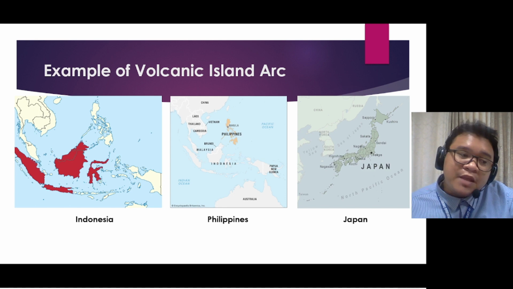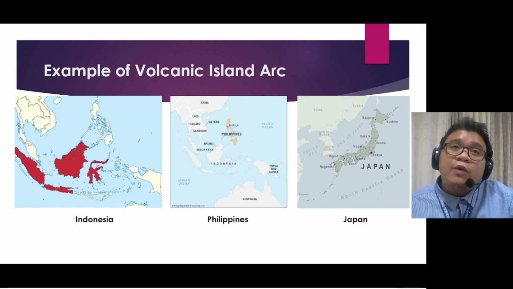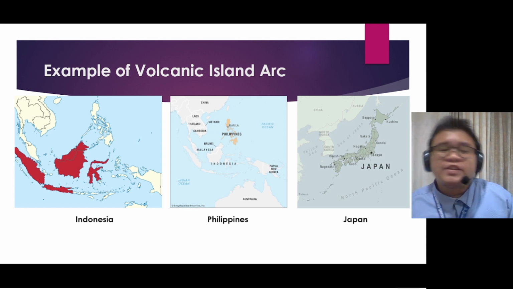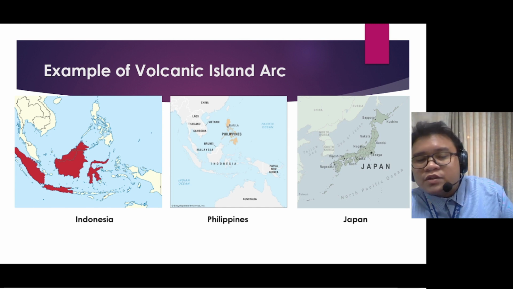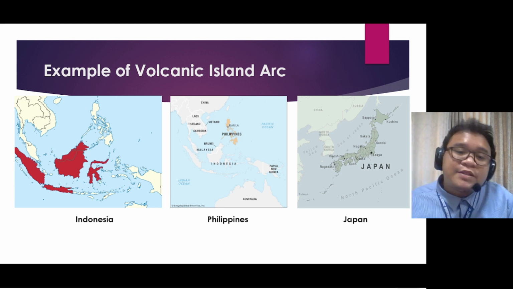Now, for the Philippines, we know that we have our own Philippine plate. The Philippine plate subducts underneath the Eurasian plate because the Eurasian plate is a continental crust. And then we also have Indonesia, which is of course home of the Indo-Australian plate, which involves a very complex process because the Indo-Australian plate subducts underneath the Eurasian plate at the same time as the Pacific plate.